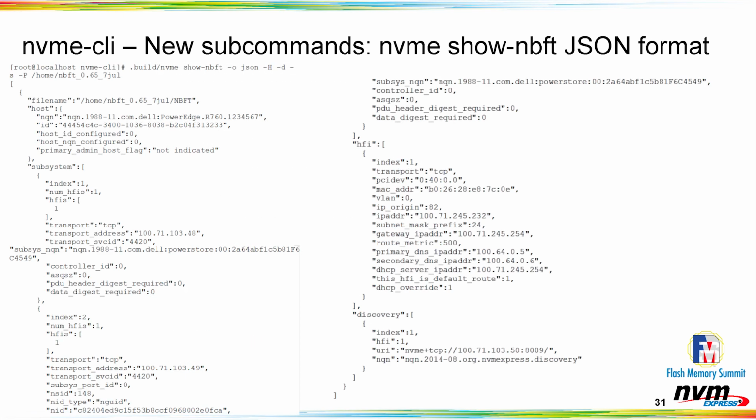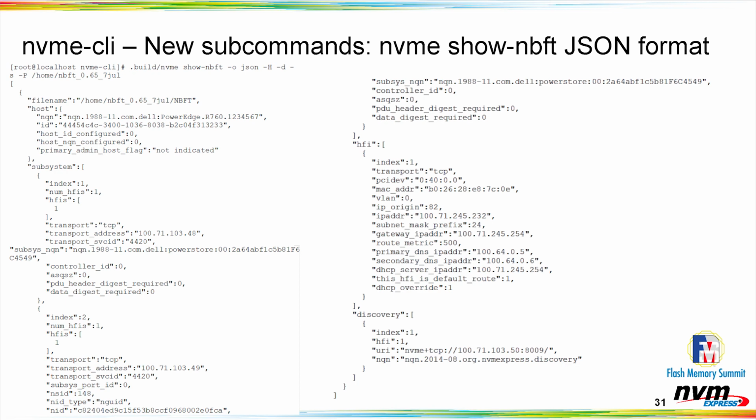Here's an example of the new NVMe CLI command. I don't have time to talk through this. This is the free-form user-readable text format. It allows you to see the NBFT and all the information in it. One of the things I point out here is it actually even provides a way that you can load NBFT information manually from a user-defined NBFT.